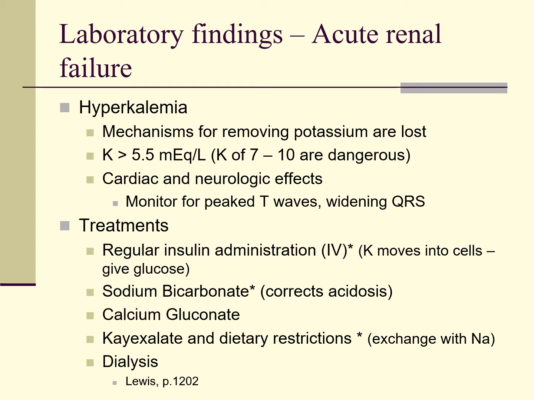As far as treatments, obviously I just said dialysis, and that is a controlled way of removing toxins and electrolytes and regaining balance. The other treatment that's very effective is to give an insulin drip. And this is kind of a controlled situation. You're giving insulin.